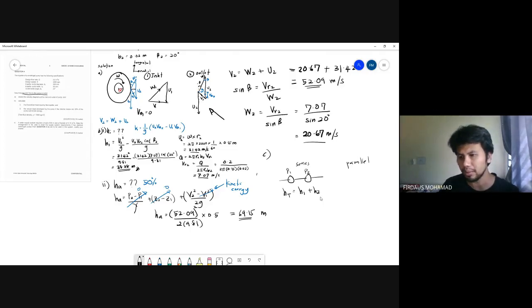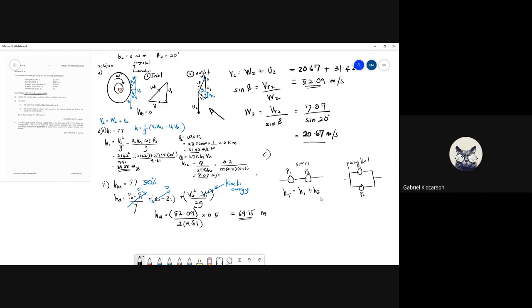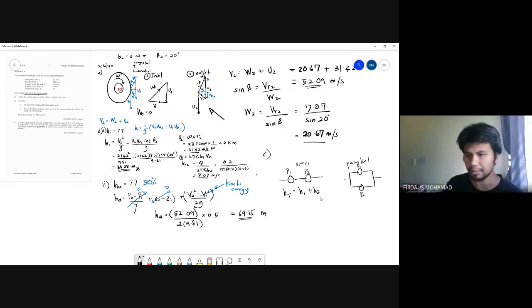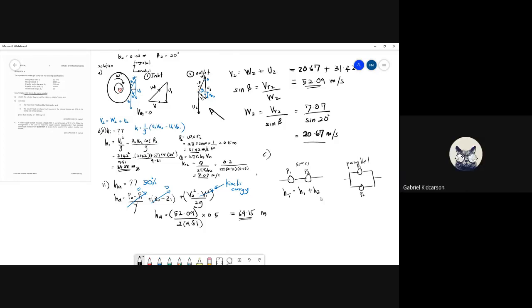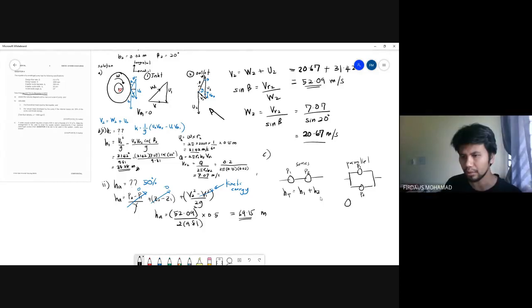So what happened when you install pump in parallel? Apa yang tambah? H dua-dua sama. Yang tambah apa? Q. So Q total equal to Q1 plus Q2. Okay, so this is the principle of pump arrangement.